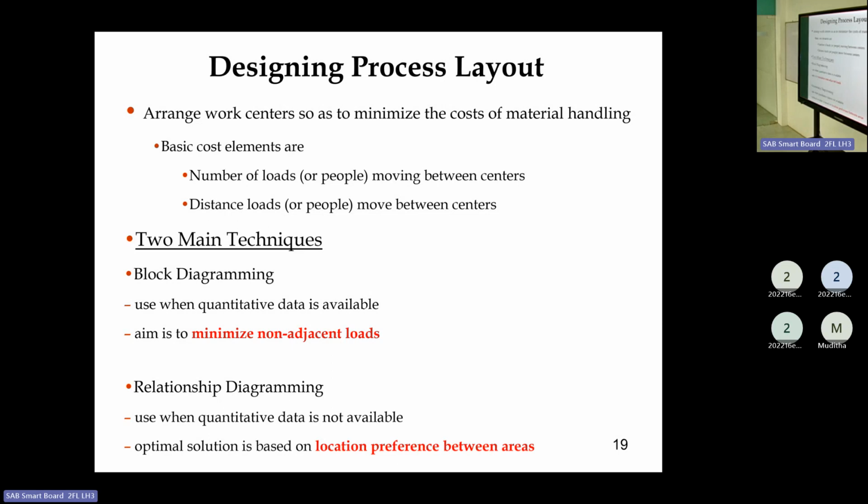Based on the opinions or judgments of experts on where to place which departments, we call them location preferences, taken from industry experts. Based on their judgments, departments can be located accordingly. That is called relationship diagramming.